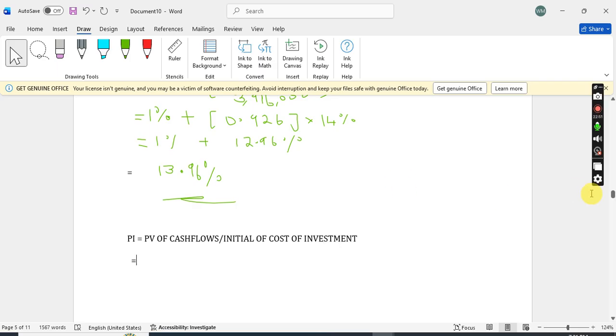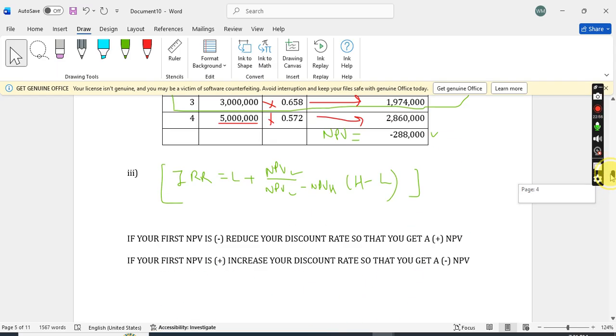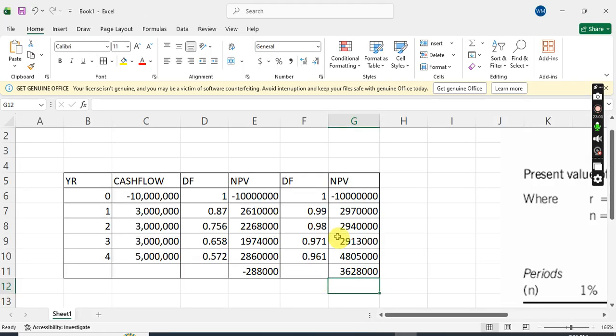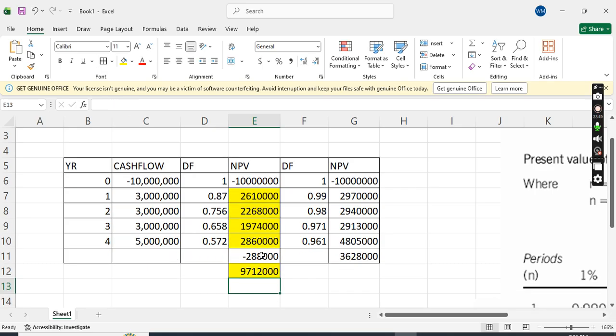So the present value of the cash flows here, we need to add them. So let me just add them. 2 million. I'm only adding these cash flows here, positive ones. So we add all of them. $9,712,000.